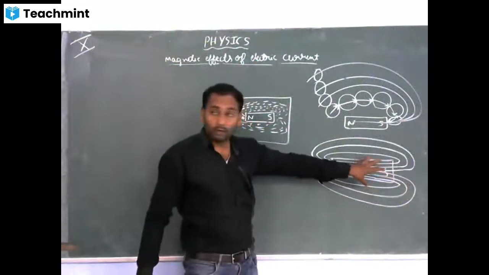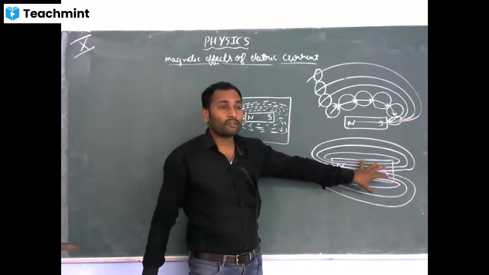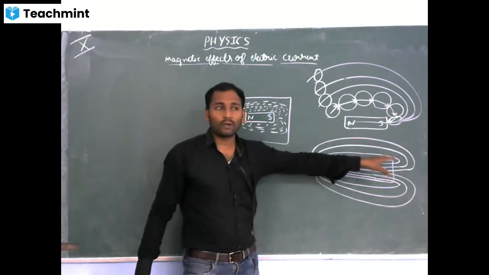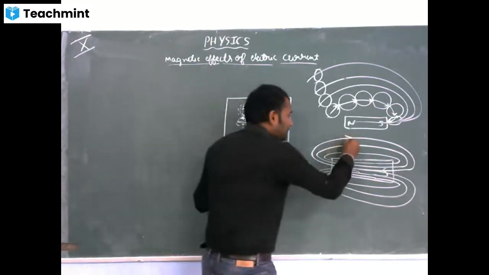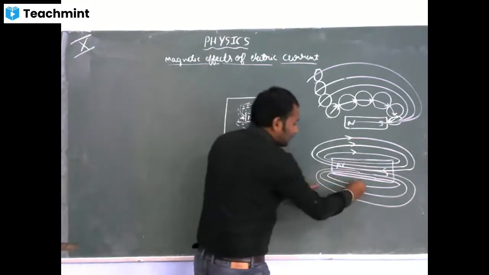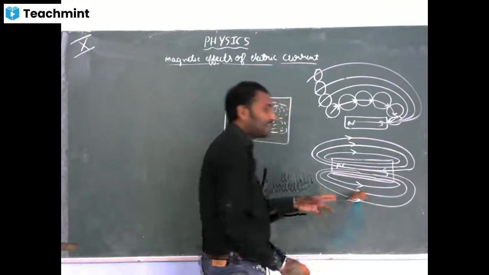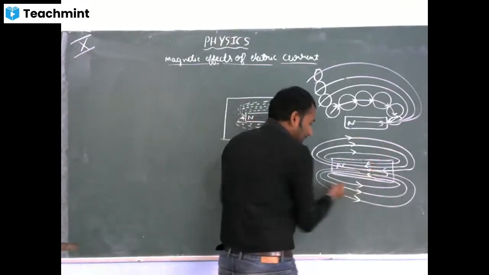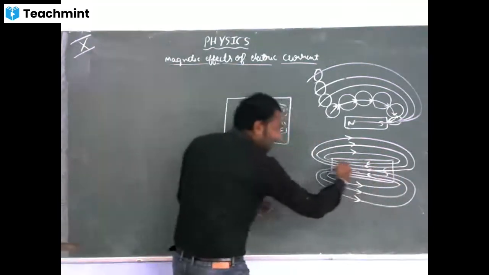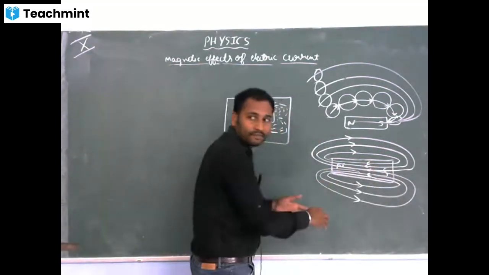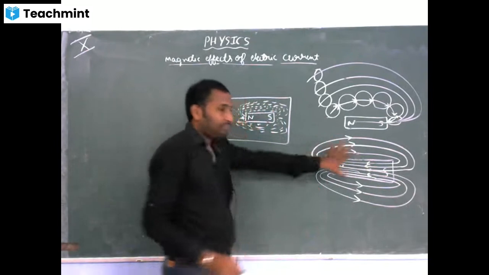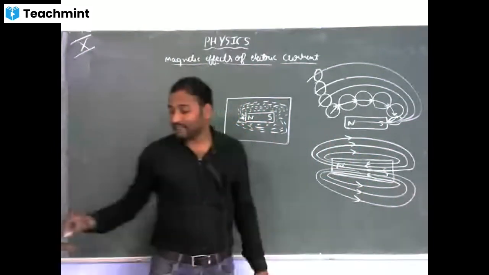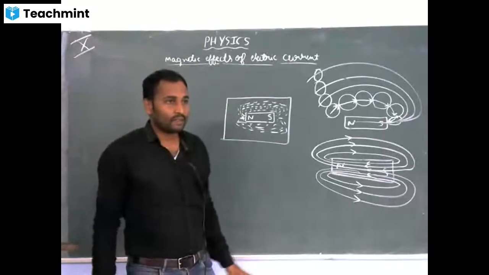As I already told, the direction of the magnetic field is always taken from north to south. So this is the direction of the magnetic field. Here this is the direction of the magnetic field inside the bar magnet. It is from this side, because magnetic field lines will go from here and come from here. Clear? So from this diagram, I can clearly say the properties of a bar magnet.